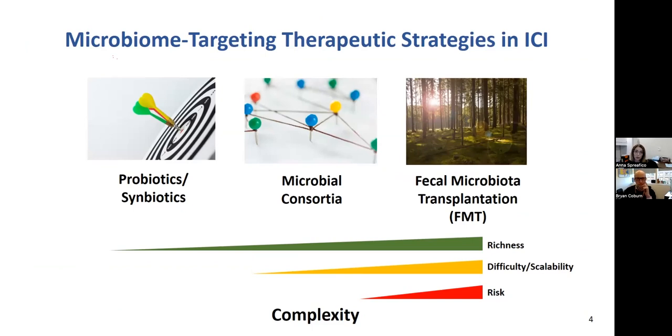And microbial consortia, which are placed in the middle here, appear to be a nice balance between the 2 extremes, and therefore appear to be appealing compounds to bring into the clinic.